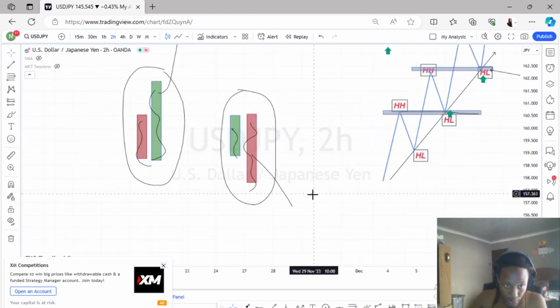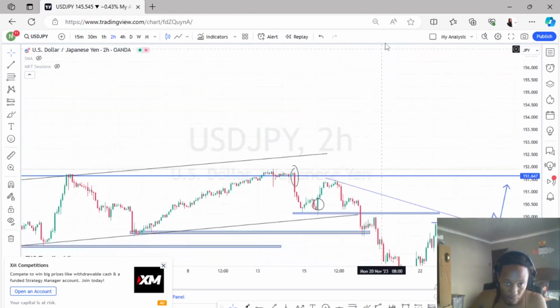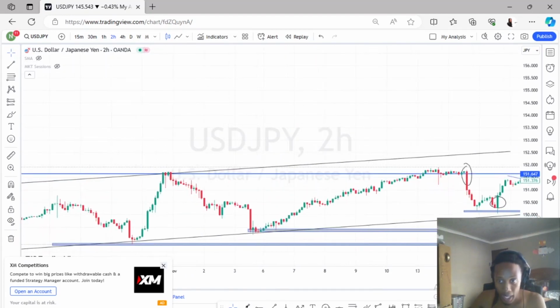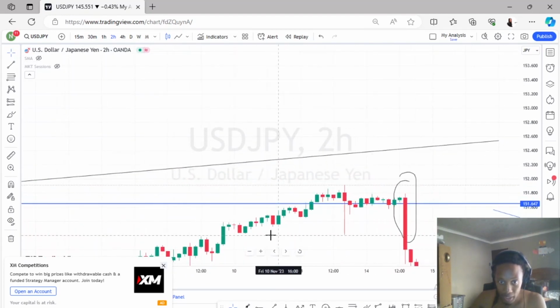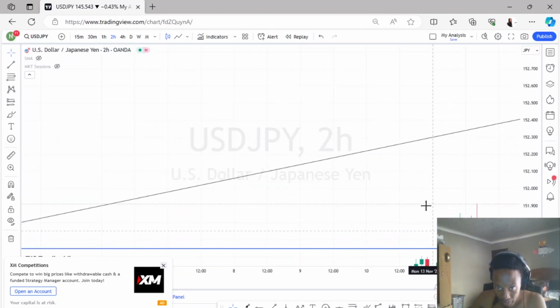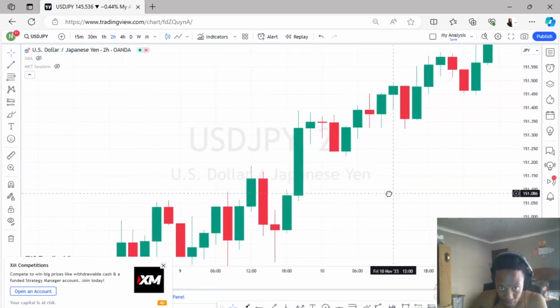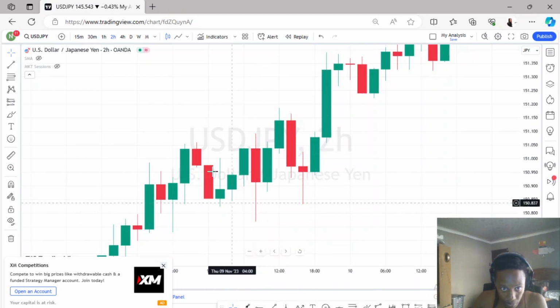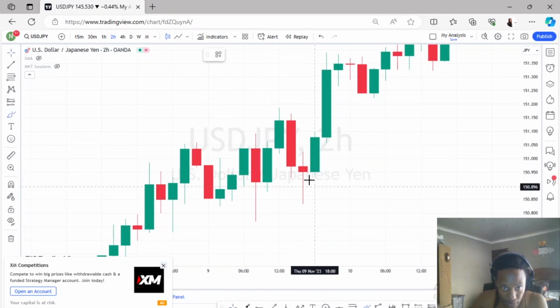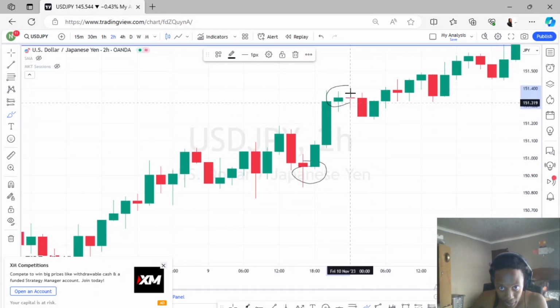Let me show you an example of an uptrend in the live market over here. Here's an uptrend. Here's our higher low. This is our higher low, this is our higher high.